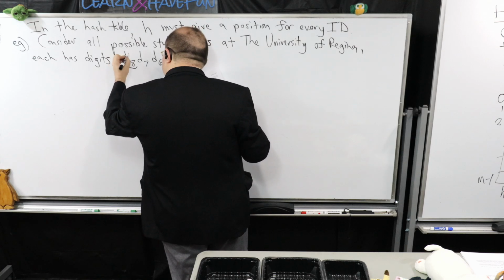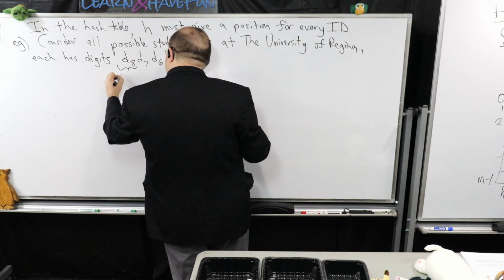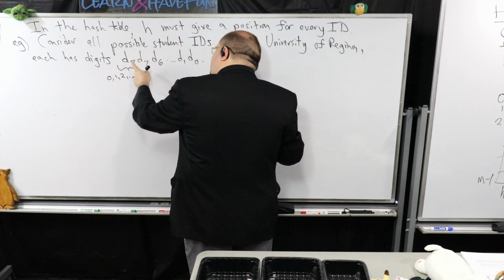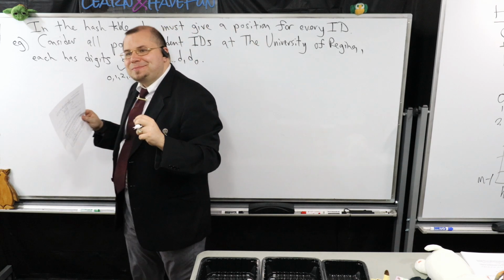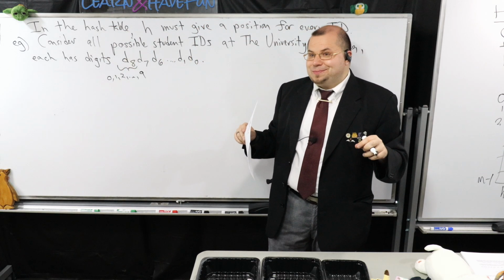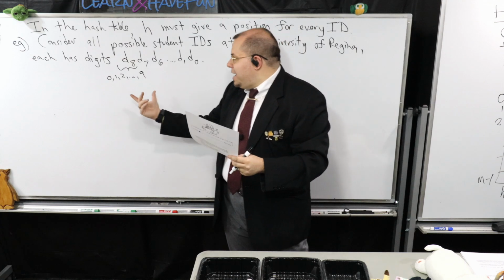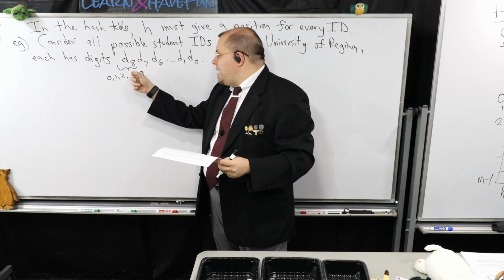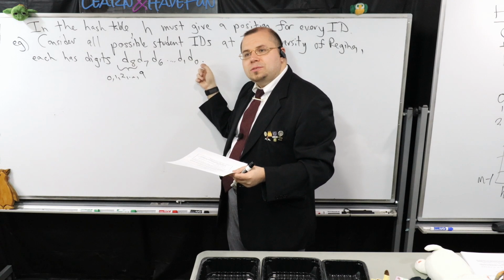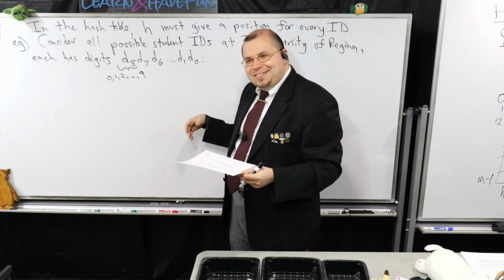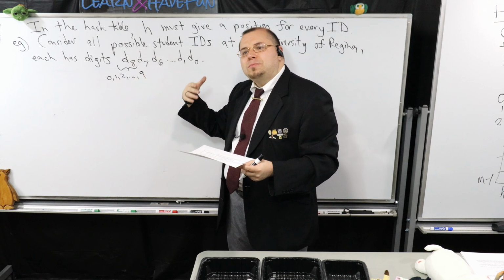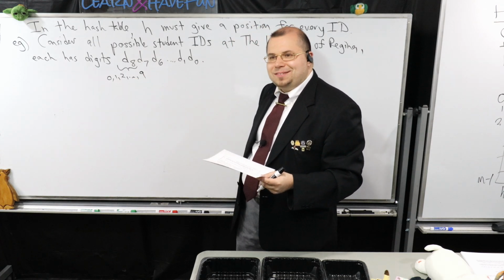In each digit, I have 0, 1, 2, 3, all the way up to 9, and this is true for every one of the digits. So you can think of it as 9 blanks, where I could put in up to 10 different options.